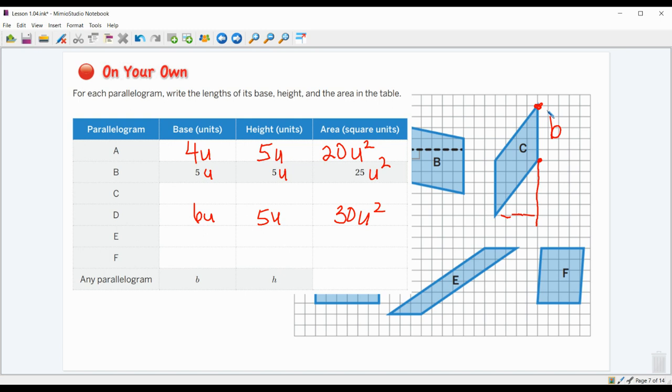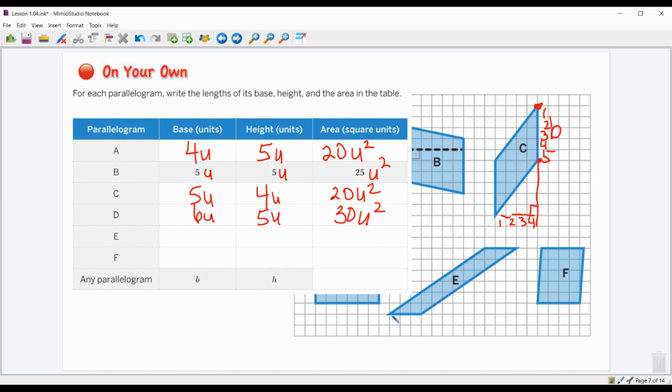Okay, the base is 1, 2, 3, 4, 5. So C, the base is 5 units. And the height is 1, 2, 3, 4. From top to bottom, perpendicular to the base is 4 units. Again, 5 times 4 is 20 units squared.